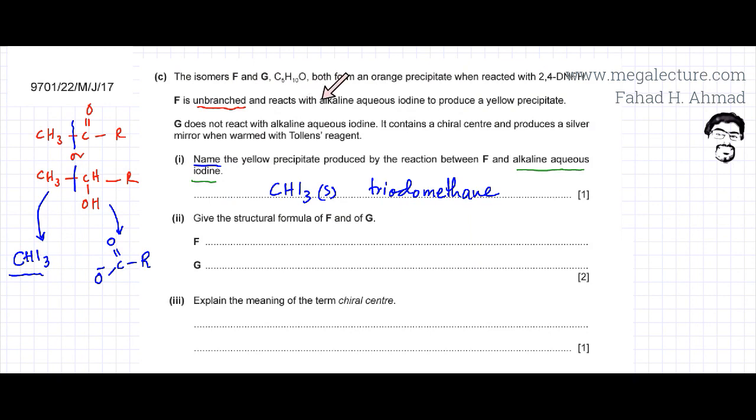It reacts with alkaline aqueous iodine to produce a yellow precipitate, which indicates a successful iodoform test, so one of these structures must be present in F. I've drawn 5 carbon atoms in a row, and one of these structures would be present. I'm going to go with this structure because of C5H10O. Let's see if I get the right number of atoms.